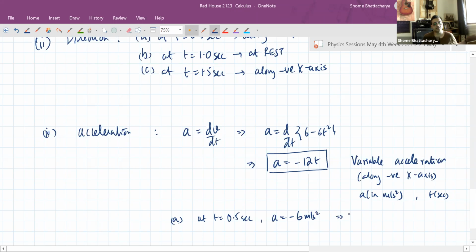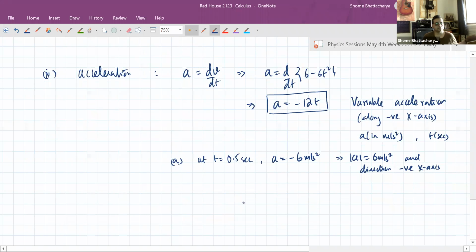So you can say that the acceleration has a magnitude of 6 meters per second square and its direction negative x-axis. Similarly, at t equal to 1 second, the acceleration is minus 12 meters per second square.